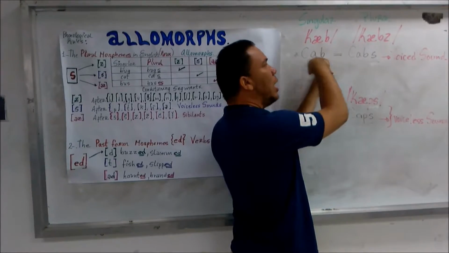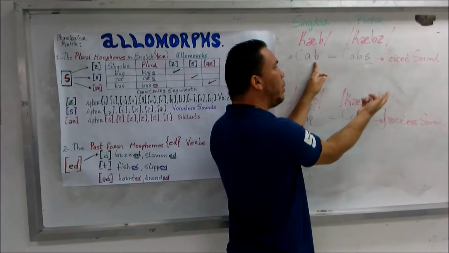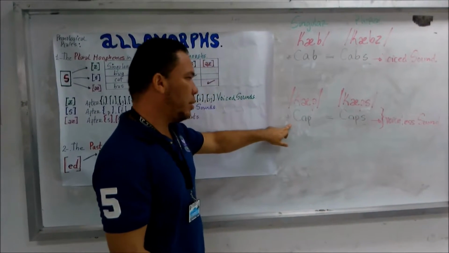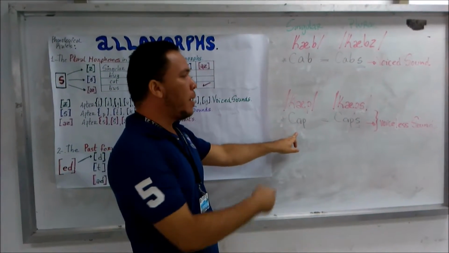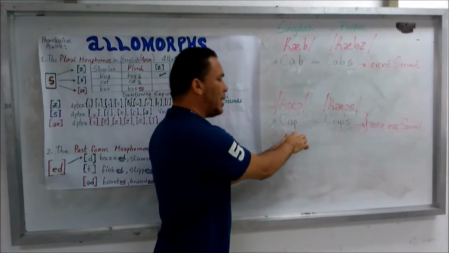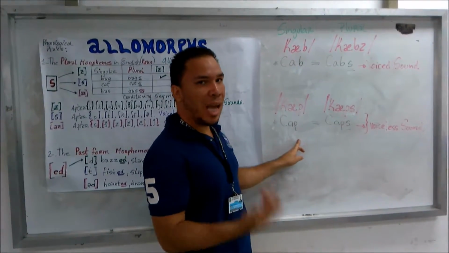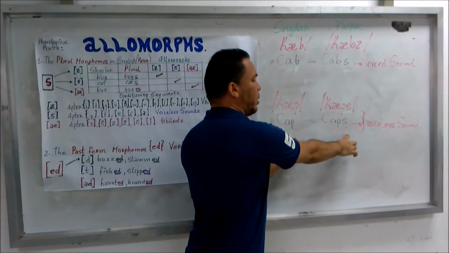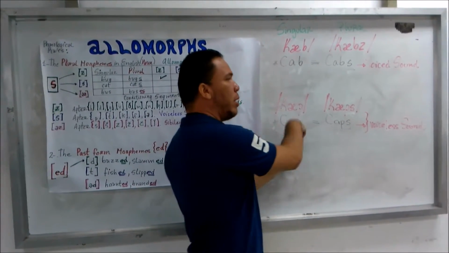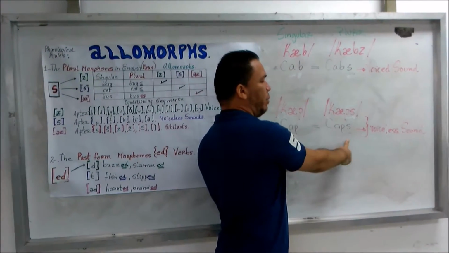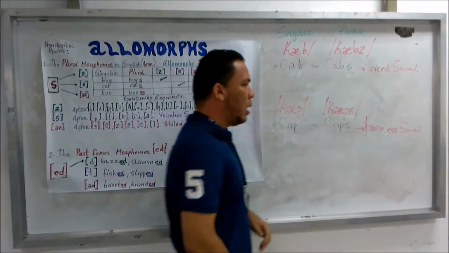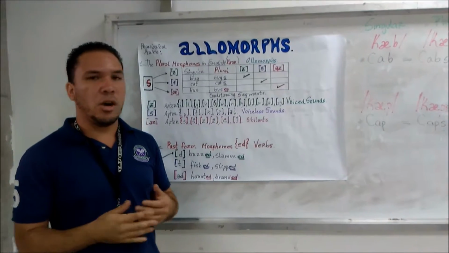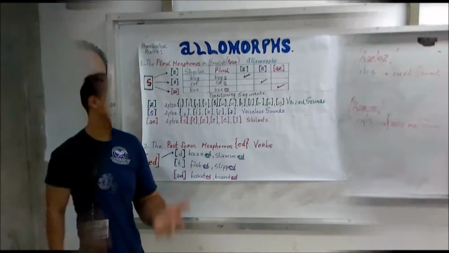Car, singular; in plural is cars. The other noun, cat, the final segment is a voiceless sound, so the allomorph in the plural is s. Cat in singular, cats in plural. Well, that's all. My partner is going to continue with the other condition.